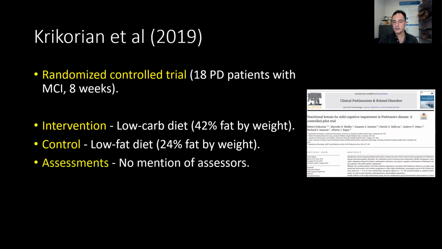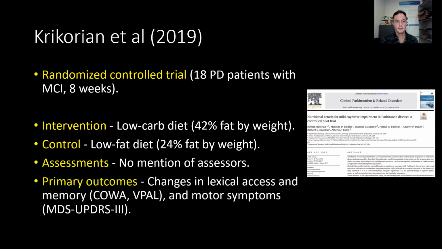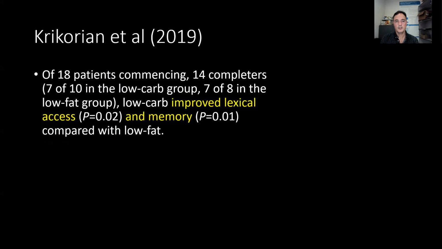I couldn't find any mention of assessors in the paper, so if it's there, I apologize to the authors, I just couldn't find it. And their primary outcomes of interest were basically cognitive and motor. So they looked at changes in lexical access and memory using a number of cognitive tests, and motor symptoms using the motor component of the MDS UPDRS. So the Kerkorian team had 14 completers out of their 18 patients, which is pretty good.